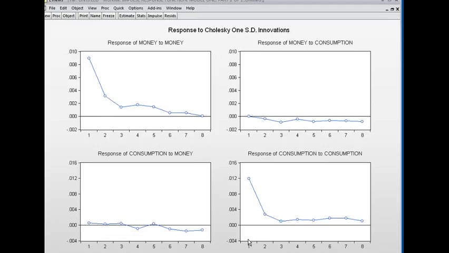Of course we can take more months, but here I have taken only 8 months. So that is the outcome of this impulse response function under the vector error correction model.